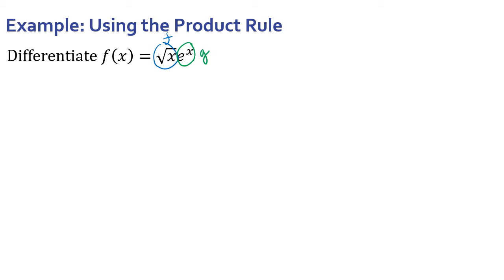So I'm going to take each of those pieces and use the product rule. So the derivative of the function with respect to x is going to be the first function times the derivative of the second function plus the second function times the derivative of the first function.